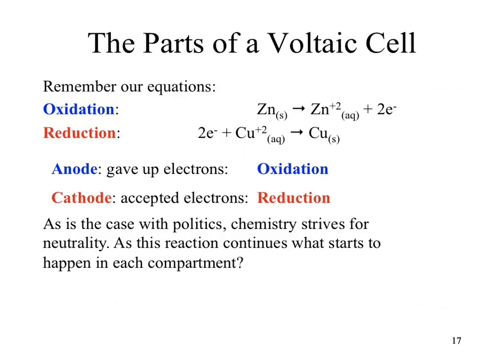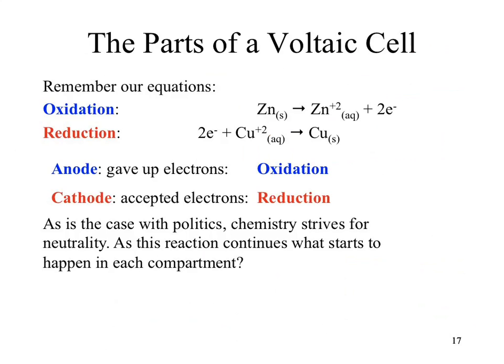If we take a look at the zinc section, if it continues to lose electrons, what charge does that anode become? If it loses electrons, it becomes positive. It's lost a negative charge. What happens to the cathode? In the process, it's gaining electrons, so it should become negative.